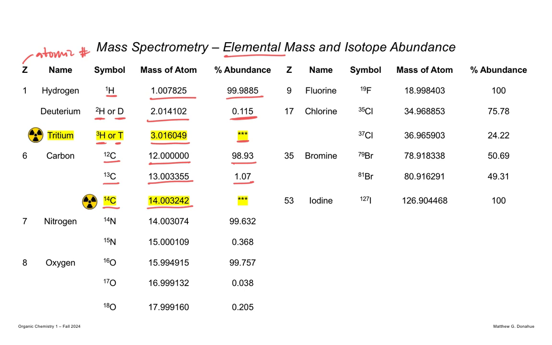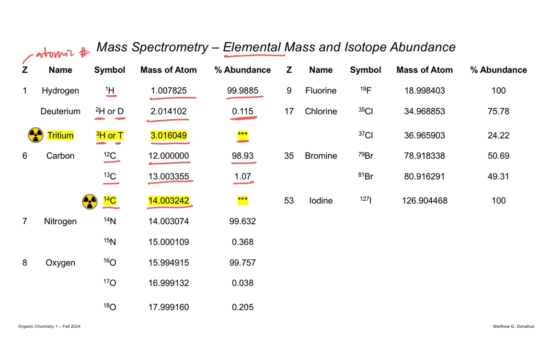Well, it turns out based on this ratio here, this 98.93 to 1.07, we can use those to our advantage, stick some numbers into an equation that will give us the actual value of carbon atoms present in a molecule. So we don't necessarily have to go through an iterative process. We can just plug some data into an equation. It's going to say, okay, it's this many carbons exactly.